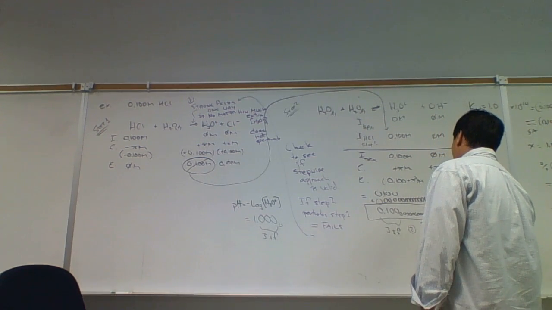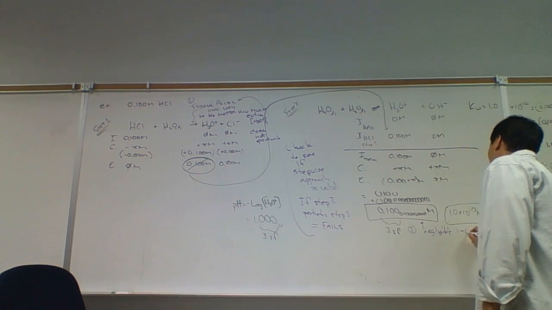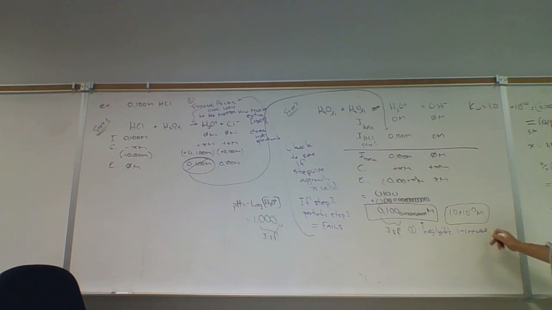All right, so one, strong acids, and two, this is a negligible increase. So even if step 1 was a weak acid that could be perturbed by Le Chatelier's principle, it would still be negligible because the increase in concentration was negligible.